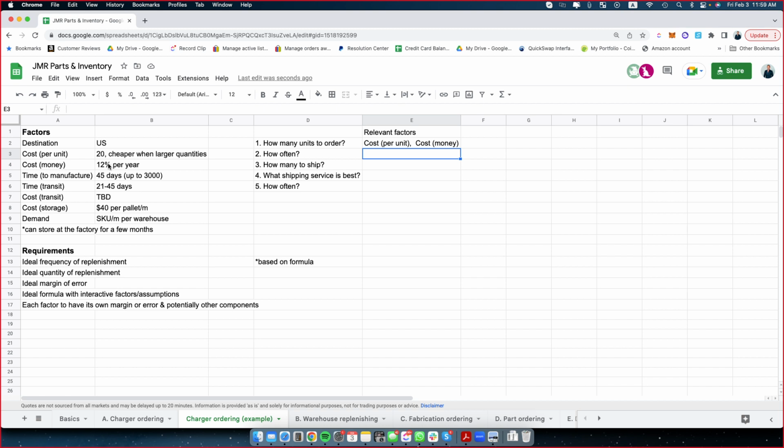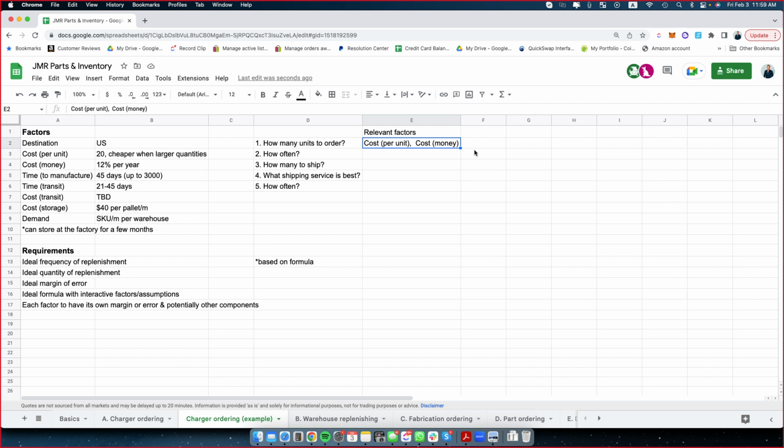And the money is costing us, let's say, 12% per year. So if we order 1,000 units more just to sit in the warehouse, potentially they'll sit in the factory even. So at the warehouse, we'll be paying for them for storage. If the inventory is sitting in the factory, we've just spent money that we shouldn't.